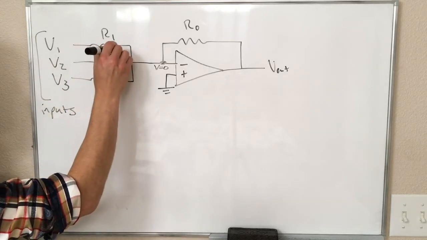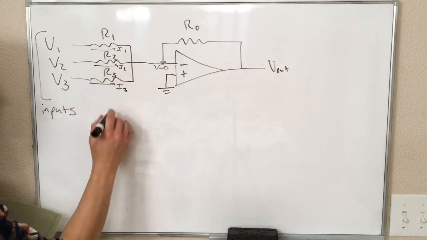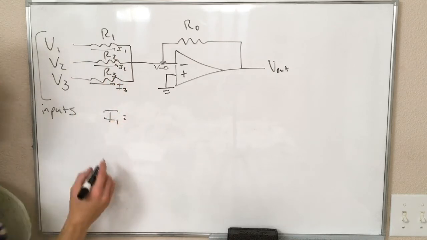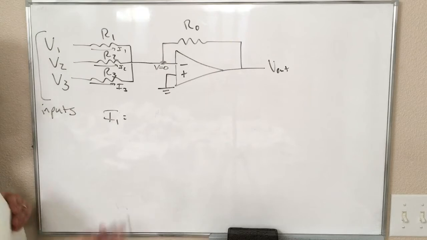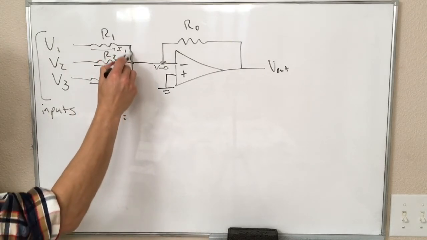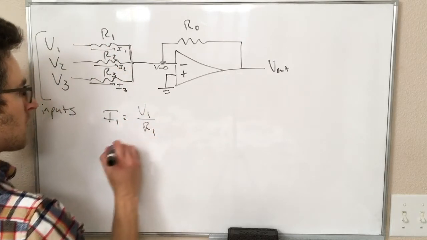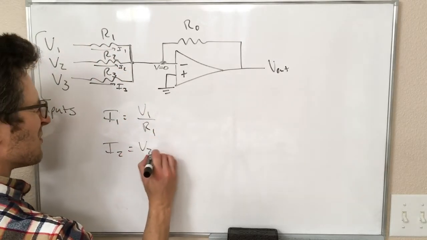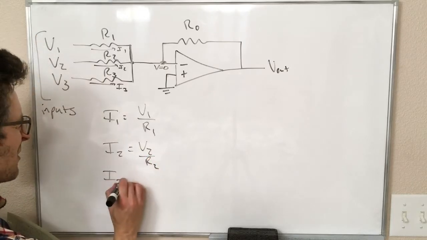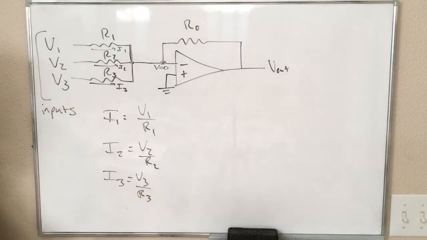So if we have currents I1, I2, I3, I1 is equal to V over R, and remember, this is all 0 volts over here, so the voltage difference is V1. I2 equals V2 over R2, I3 equals V3 over R3. So this is easy to figure out.